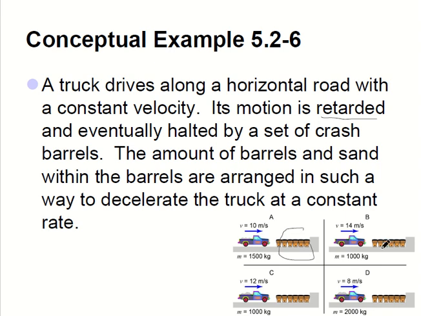The truck is going to crash into them. The amount of barrels and sand within the barrels is arranged in such a way as to decelerate the truck at a constant rate. Because of this resistance, that motion cannot continue. Why? Because some of the energy coming with this motion will be absorbed by this barrier.